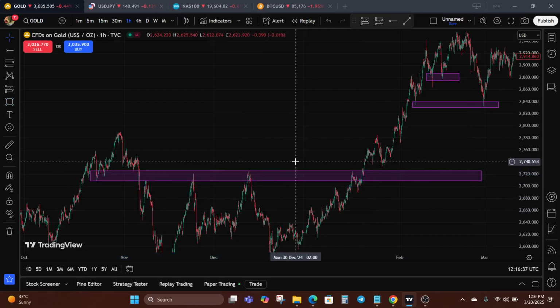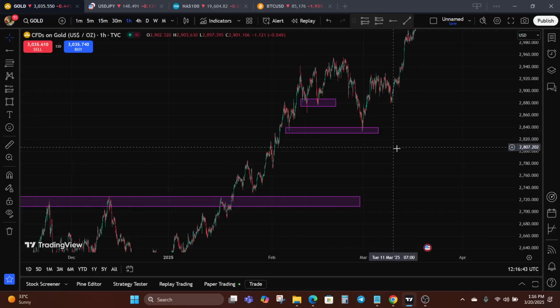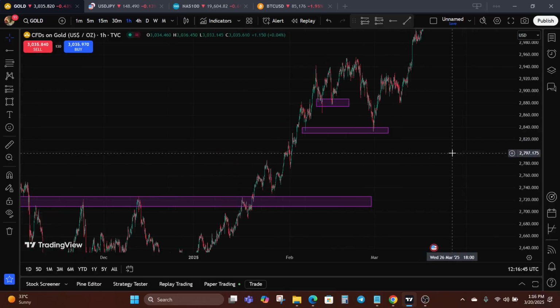Price is naturally attracted to these zones because institutions need liquidity to execute their trades. So price is naturally attracted to liquidity zones.